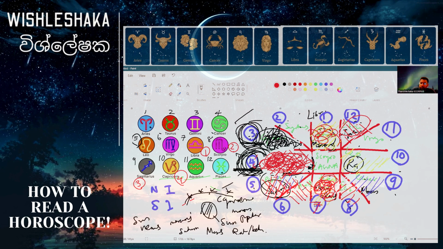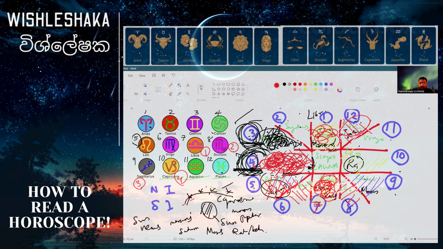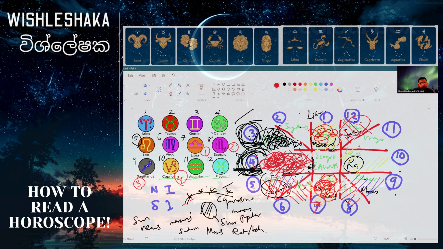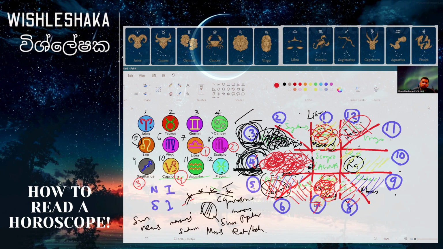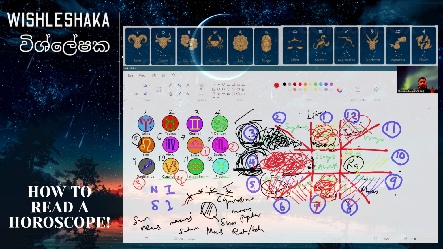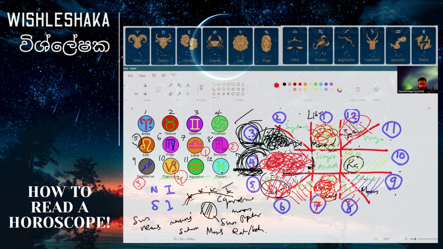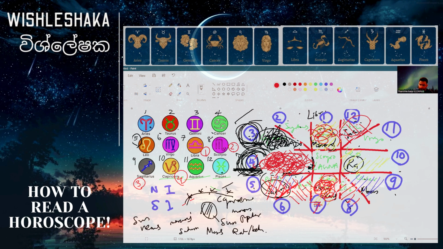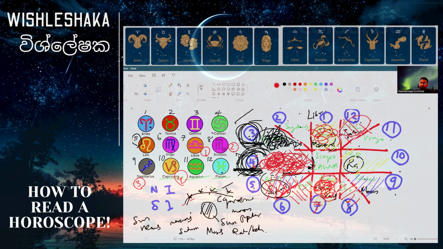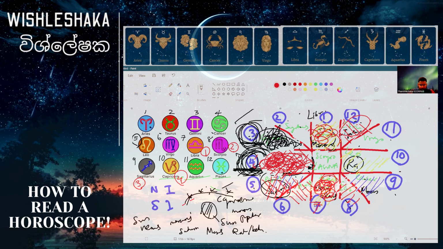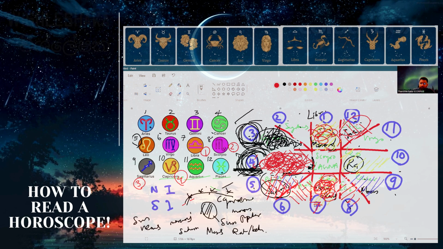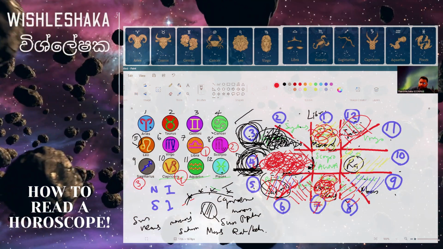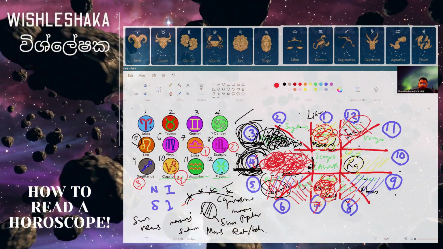So many celebrities have many exalted or powerful planets in the first house. They are famous because of that energy they put into the world. So this is how it works.